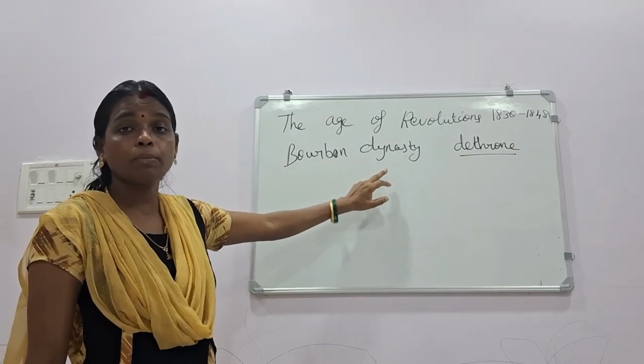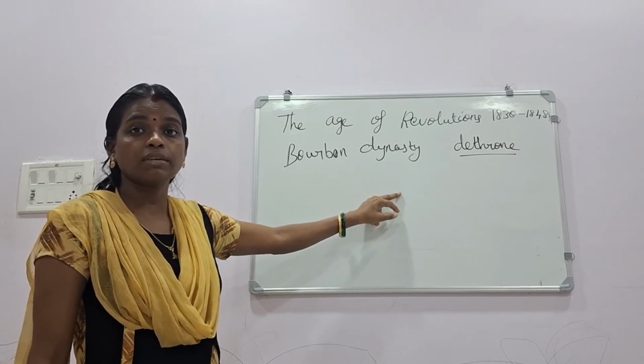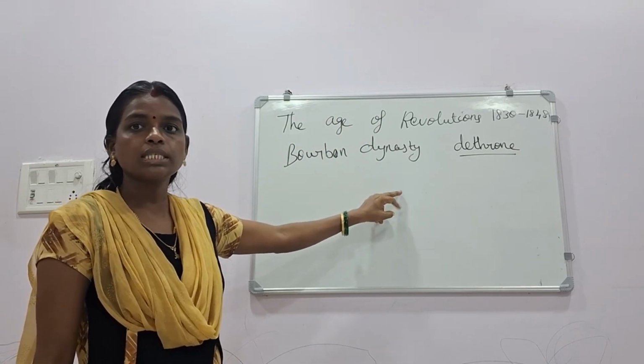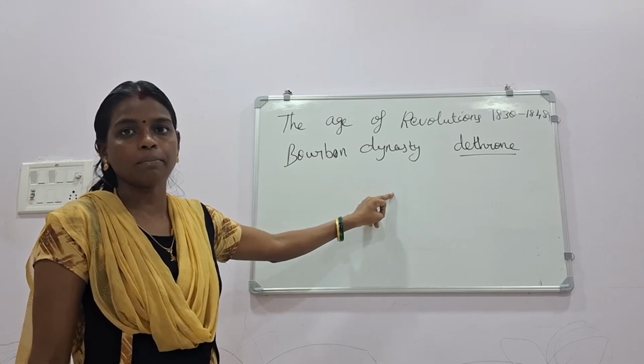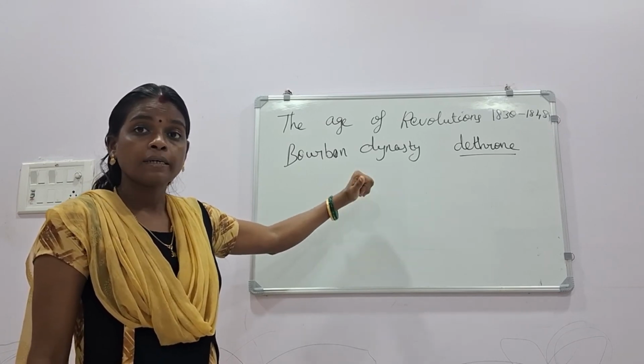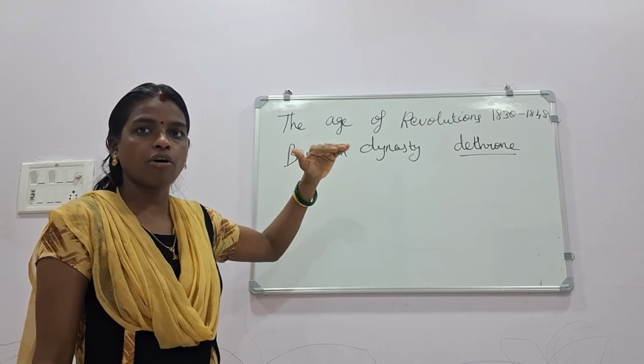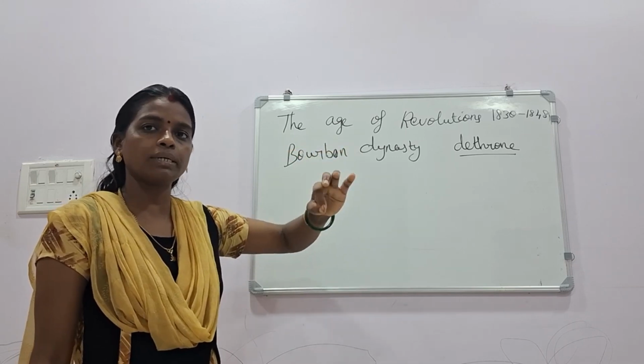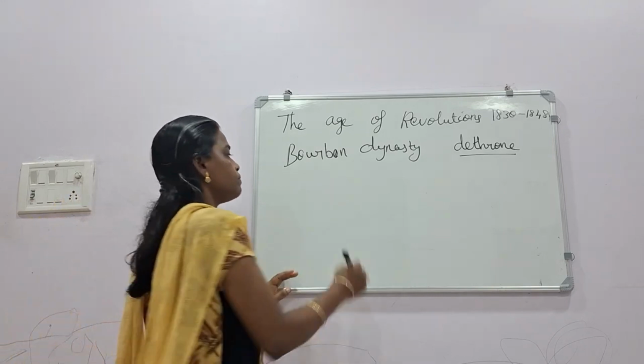Instead of that Bourbon dynasty, that power was given under the hands of Louis Philippe, and they formed the constitutional government. That government head was Louis Philippe.